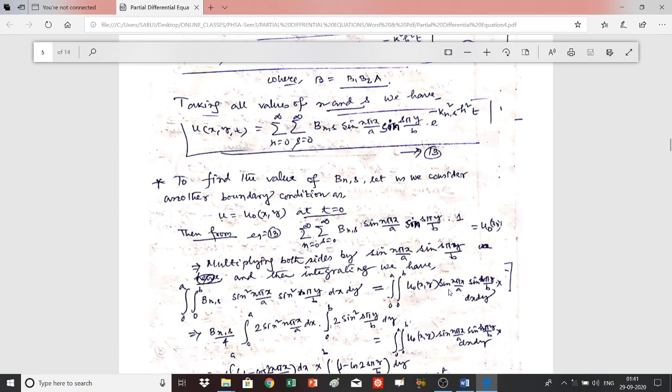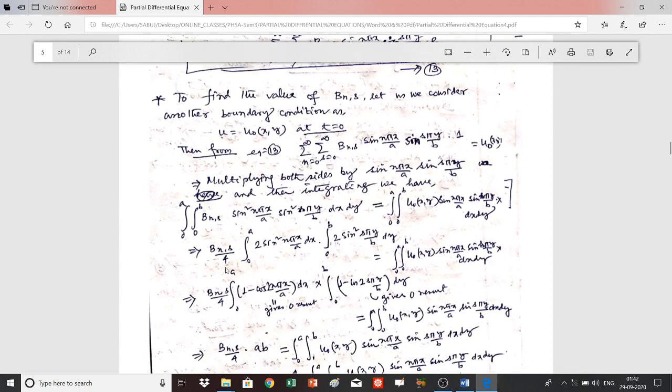From the other side, you obtain the integral of b_ns with sin(n pi x by a) times sin(n pi x by a), which gives sin square(n pi x by a), and the next term sin square(s pi y by b) dx dy, so that is equal to d_ns.